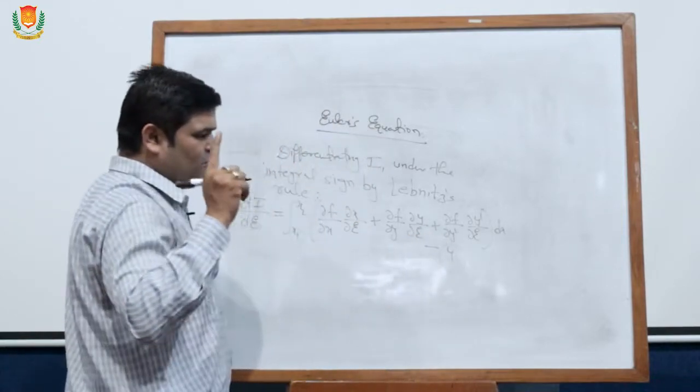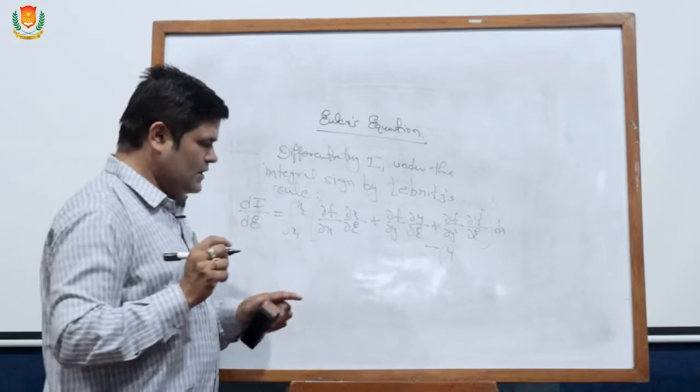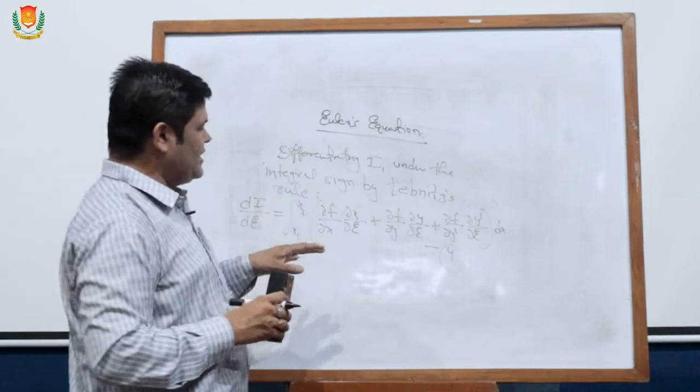So we have equations 1, 2 and 3, and this one is 4. We are just differentiating by the chain rule.